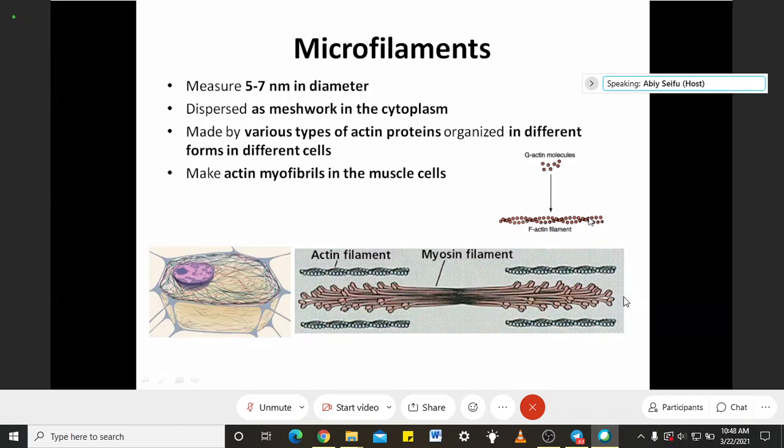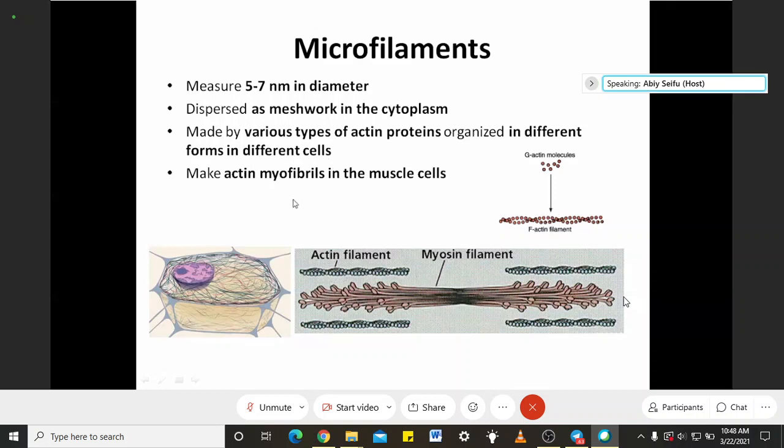Same as tubulins are needed for formation of the microtubules, these actin molecules, which are also polar, are assembled together to give us polar actin filaments. There are, as I told you, various types of actin filaments.